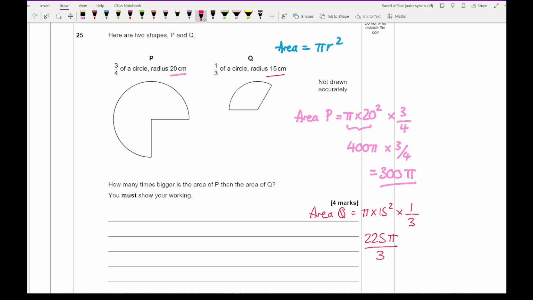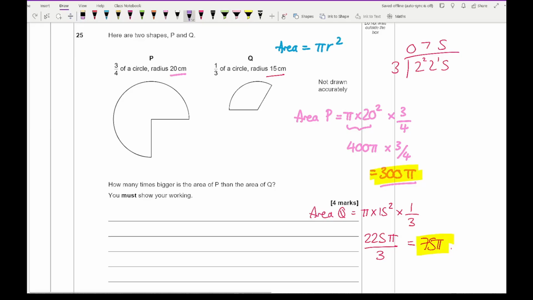So 225 divided by 3, if I just quickly work that out, 3 into 22 is 7 times, remainder 1, and that's going to be 75, so that's going to be 75 pi. So then the thing that's left for me to do is work out how many times bigger it is.